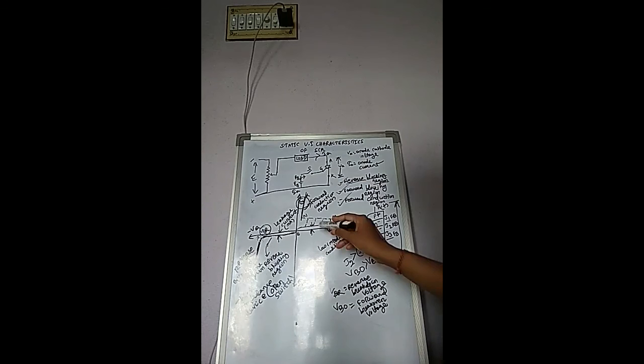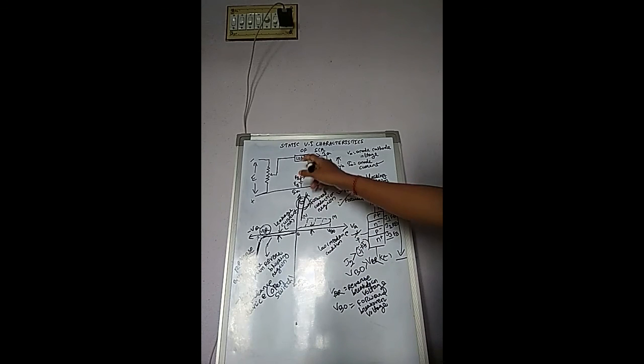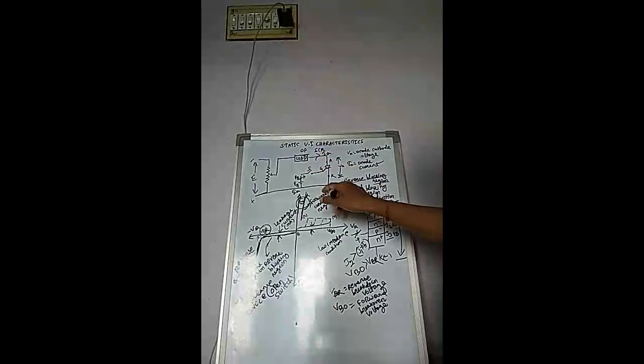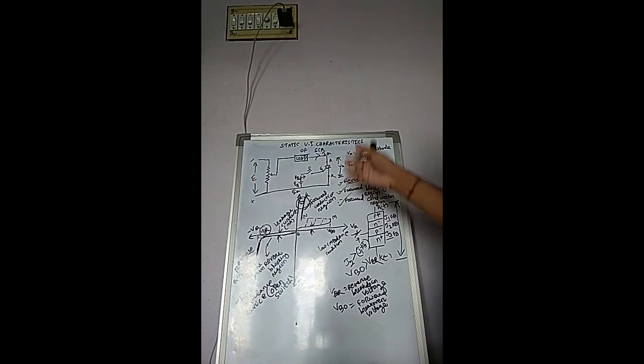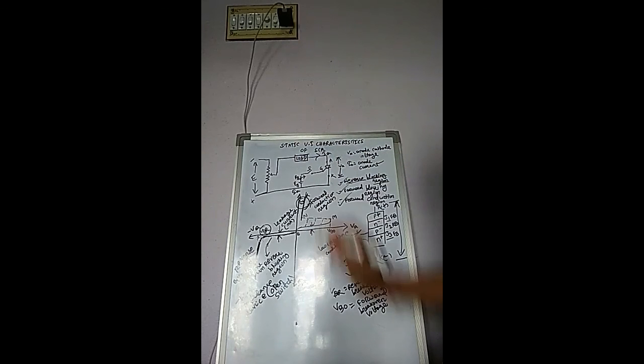In this high conduction mode, the anode current is determined by the external load impedance. Whatever anode current flows through the device in the forward conduction state, the total current is wholly controlled by the external load impedance.